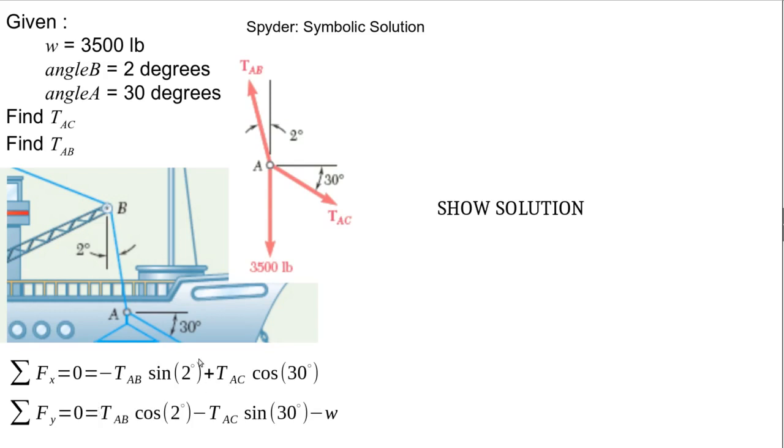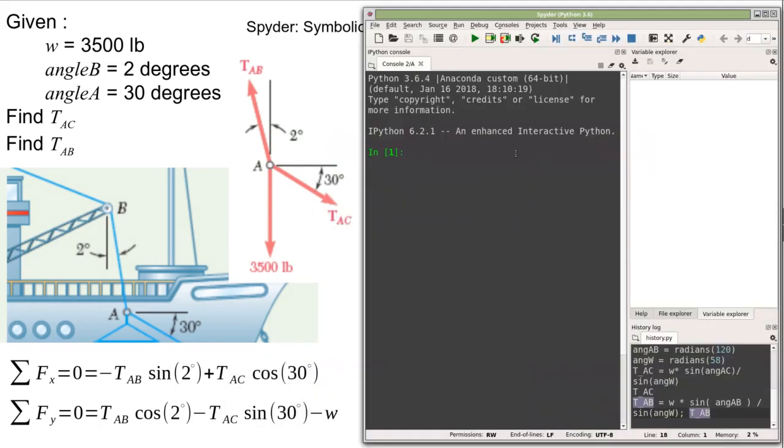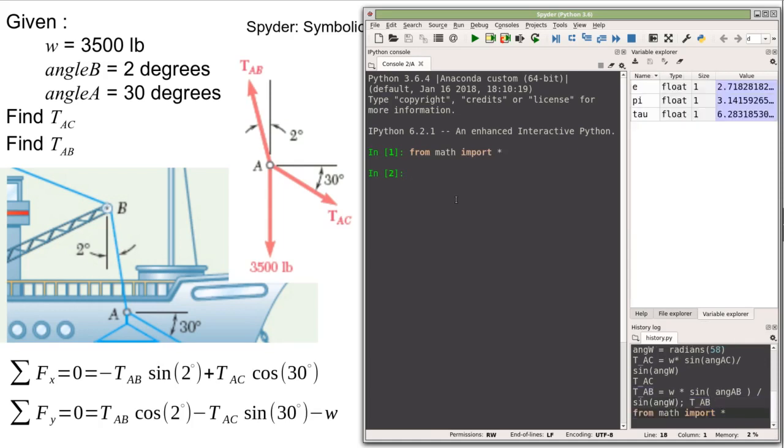So we'll work the symbolic solution. To do the symbolic solution, I'm going to again import all the math functions. I'm also going to import the symbolic package, which is called sympy.